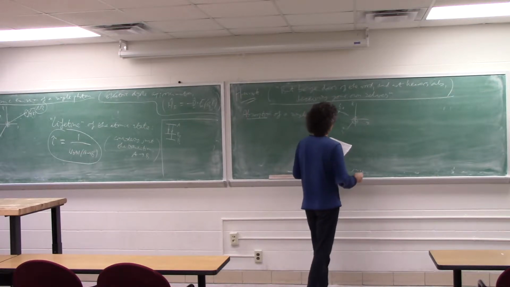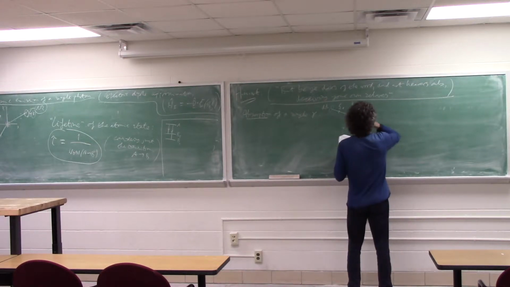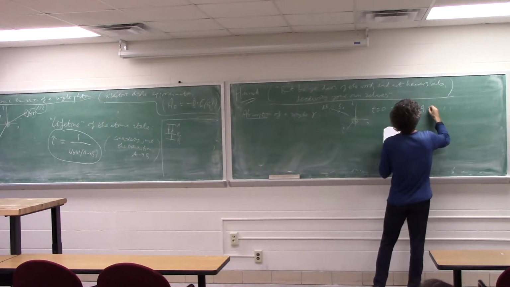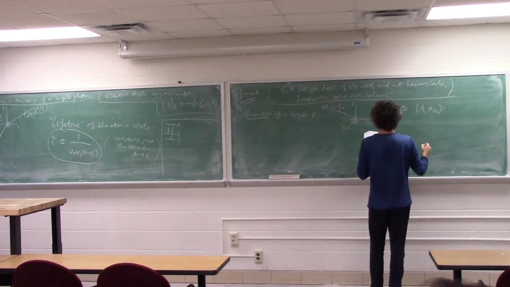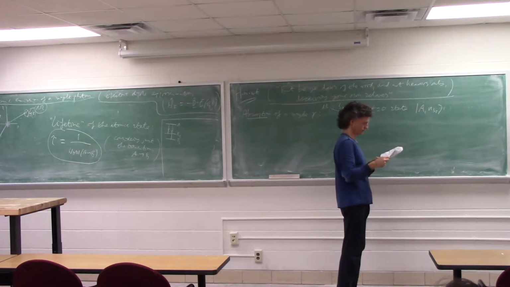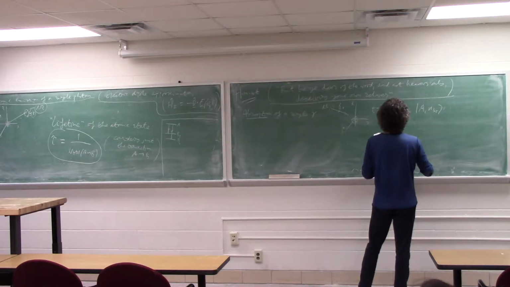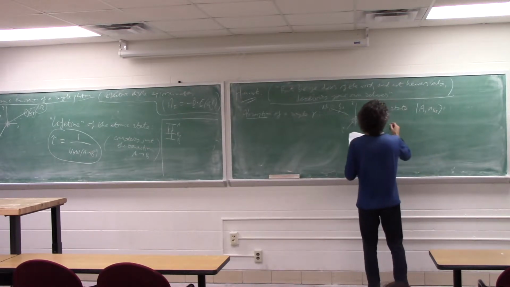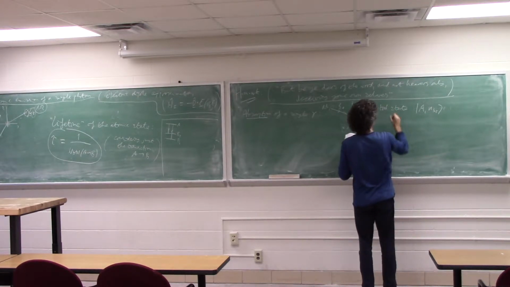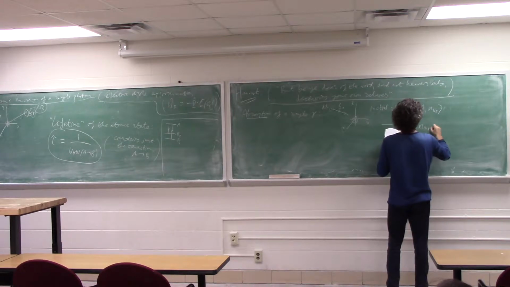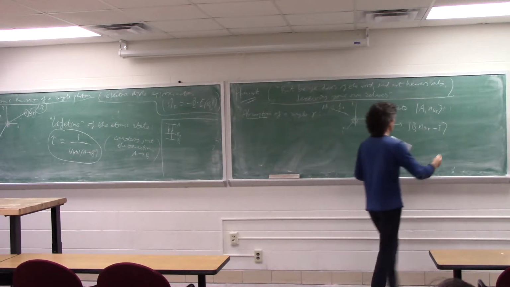And the state, what we do now is the atom is in a state A, with n_kλ photons, so the initial state makes a transition to a final state, B, with one less photon.